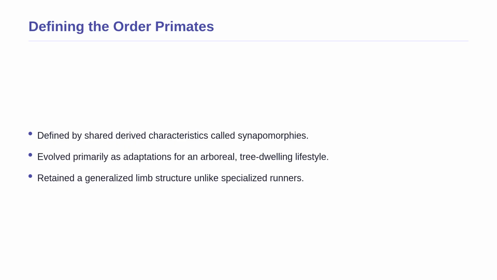Unlike other mammals, such as cheetahs or horses that specialized in running or hunting on the ground, primates retained a generalized limb structure. This generalized structure provided the flexibility needed to move through unpredictable forest canopies, setting the stage for the development of highly specialized hands and feet.